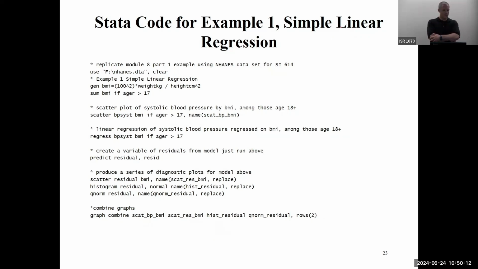In Stata's regress command, the dependent variable comes first. Okay, so that's BP syst on this line here, and then the predictor variables are listed after the dependent variable. Okay, and Stata's regression commands all work in the same way. So the dependent variable is always coming first, followed by the different predictors.